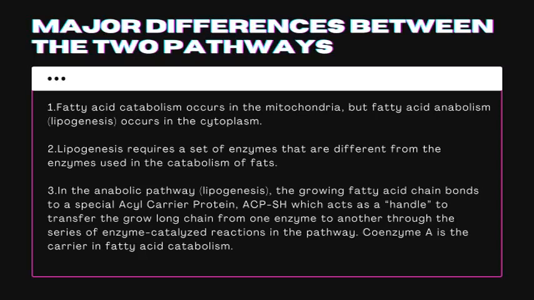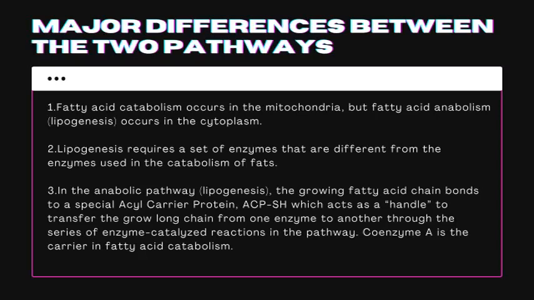First is that fatty acid oxidation, or catabolism, occurs in the mitochondria, while the fatty acid anabolism, or lipogenesis, occurs in the cytoplasm of the cell. Lipogenesis, or the anabolism, requires a set of enzymes that are different from the enzymes used in the catabolism of fats.